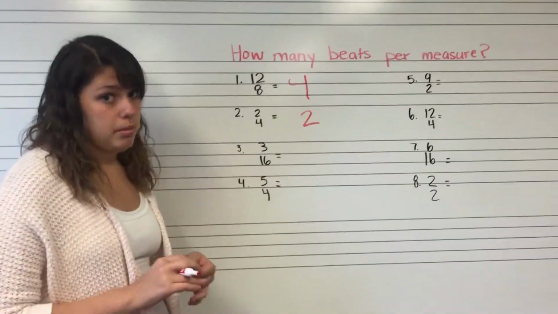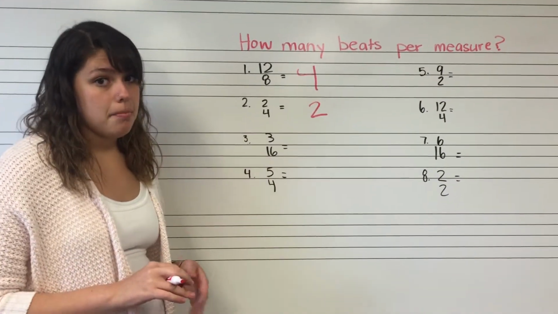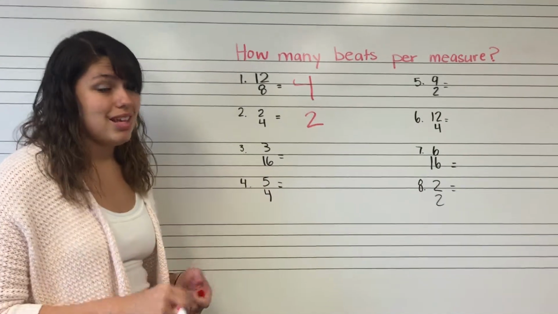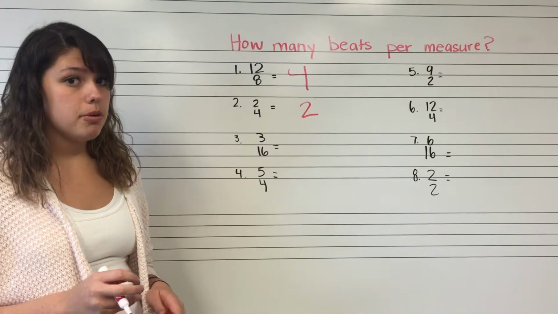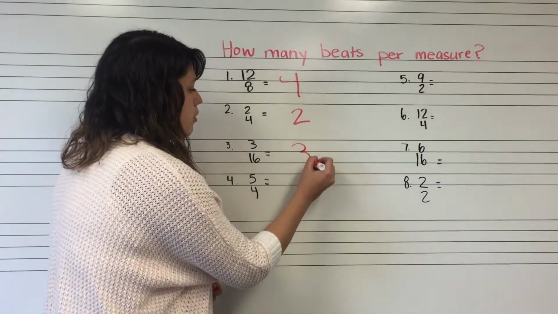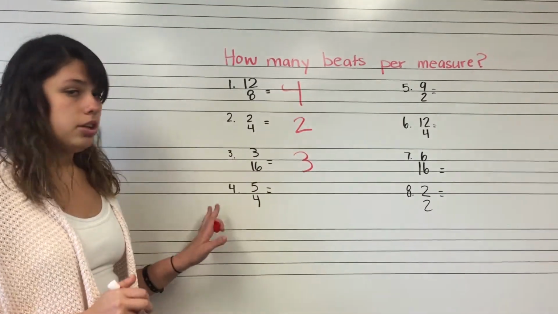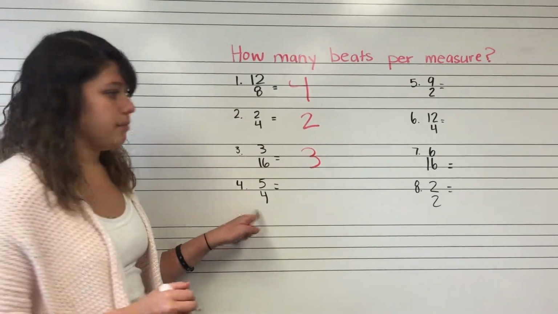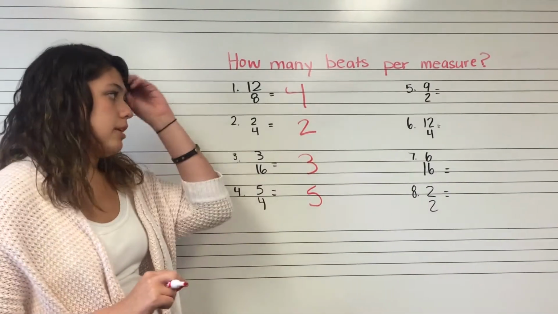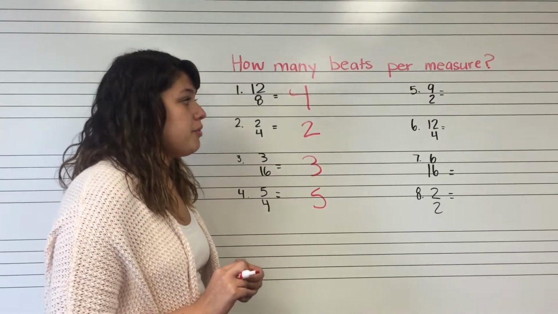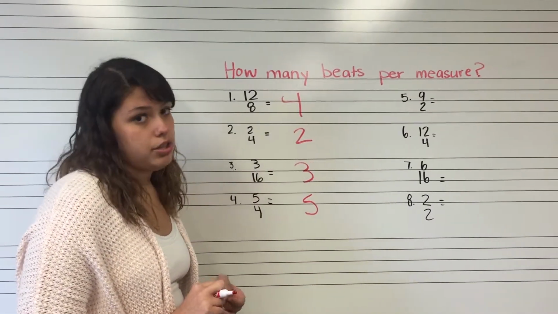Number 3, remember, compound time is divisible by 3 except for 3. Therefore, this is simple, and the upper number is directly the number of beats per measure. Number 4, also simple, 5 beats per measure.